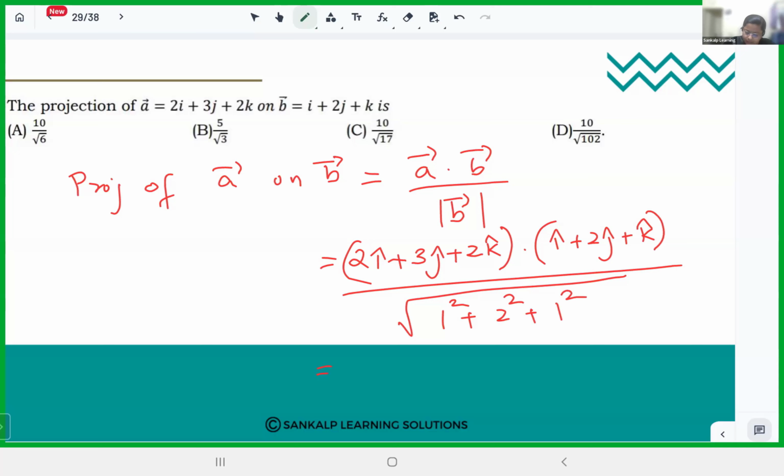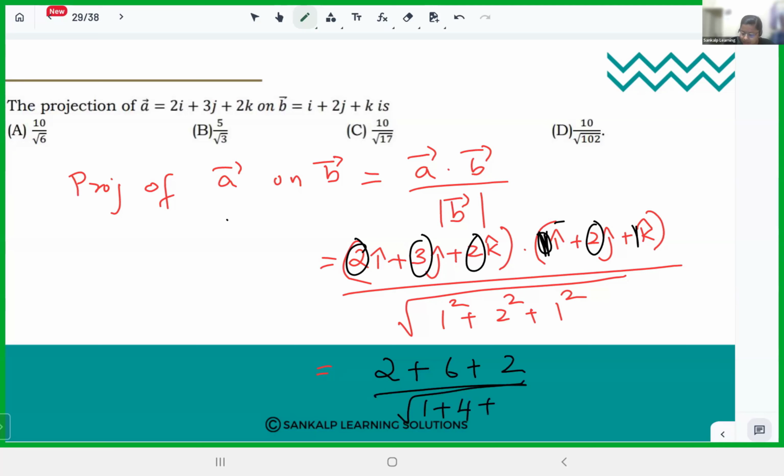And how will you do the dot product of two vectors? You multiply the corresponding components of the i vector, then add it with the product of the corresponding components of the j vector, etc. So 2 into 1 is 2, plus 3 into 2, which is 6, plus 2 into 1, which is 2, divided by root of 1 plus 4 plus 1.